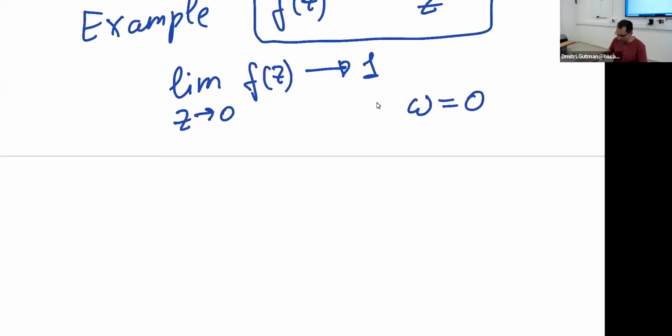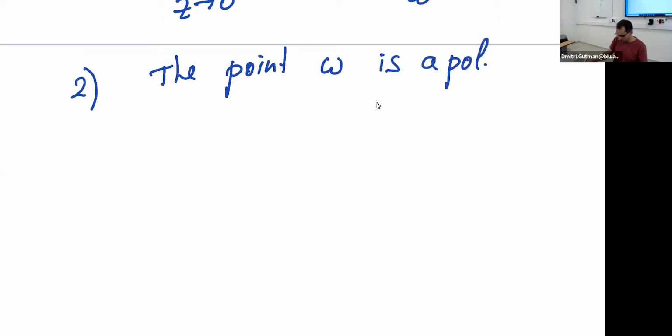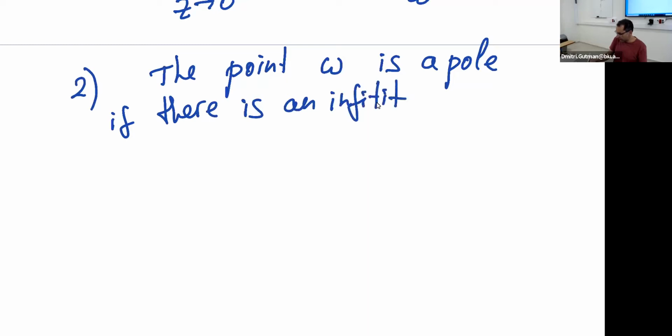Okay, so removable singularities are very, very simple. The next type of singularities are called pole singularities. The point W is a pole if there is an infinite limit of the function f of z.